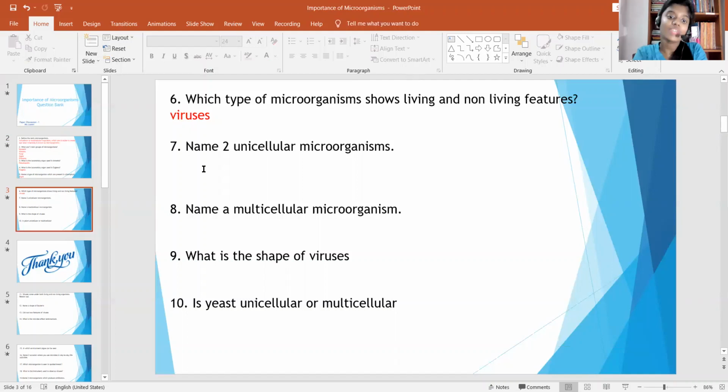Unicellular means microorganisms which have a single cell. Single means one cell. So, bacteria.